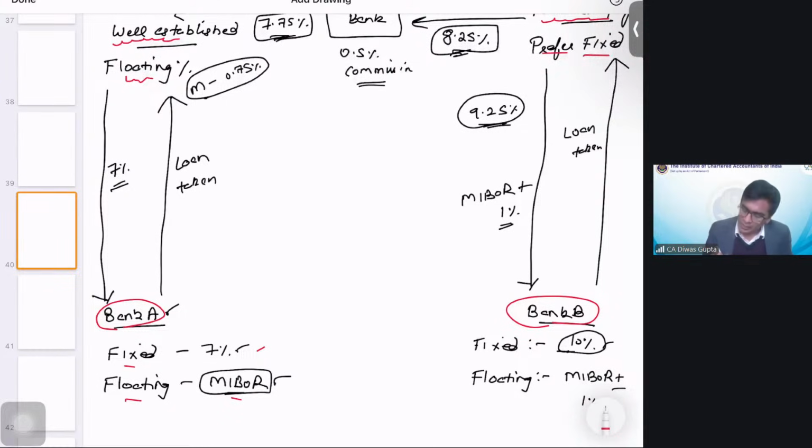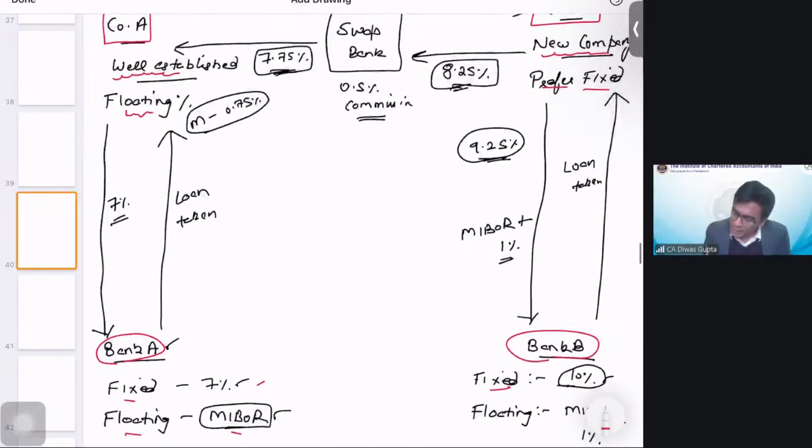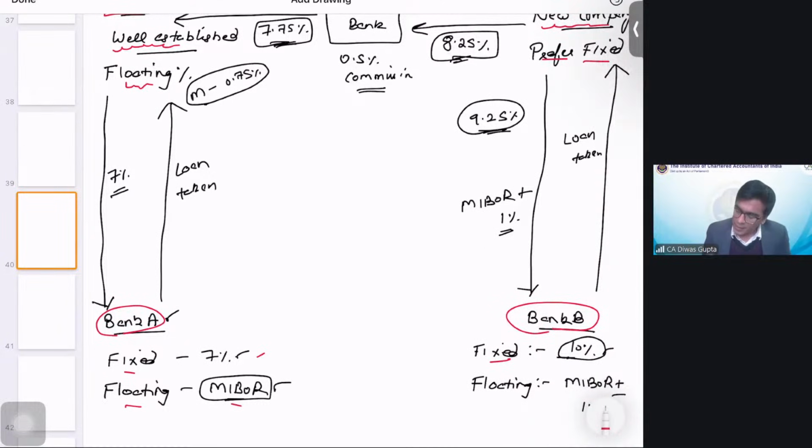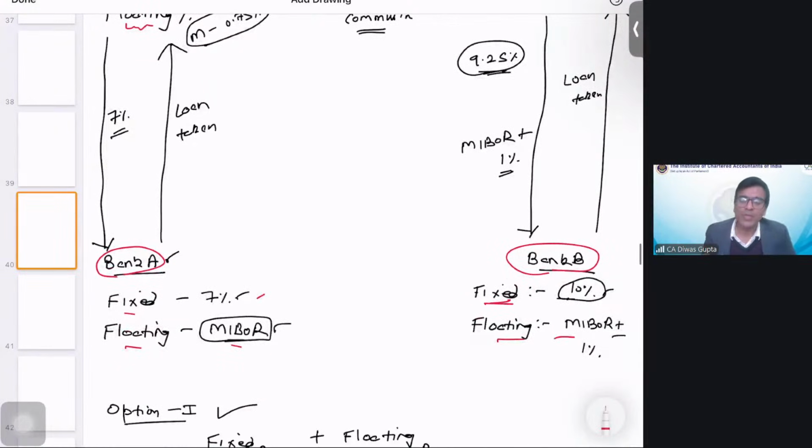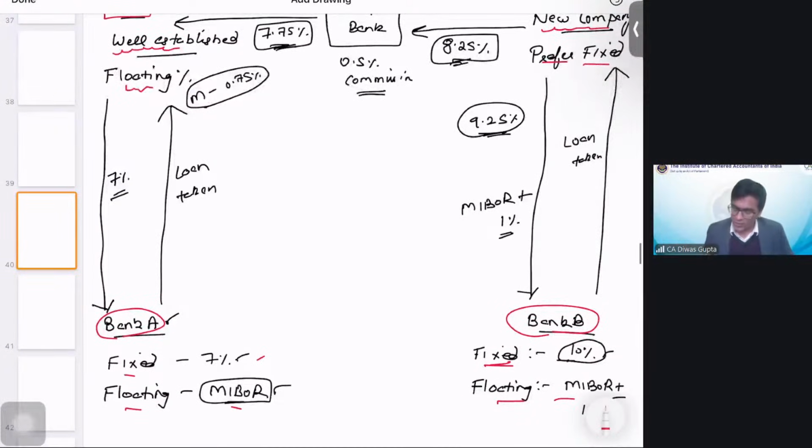Similarly, Bank B says to Company B that in case you want to borrow in fixed, I will charge you 10%. In case you want to borrow floating, I will charge you MIBOR plus 1%. So you see the differences in rate. These are on the lower side and these are on the higher side.